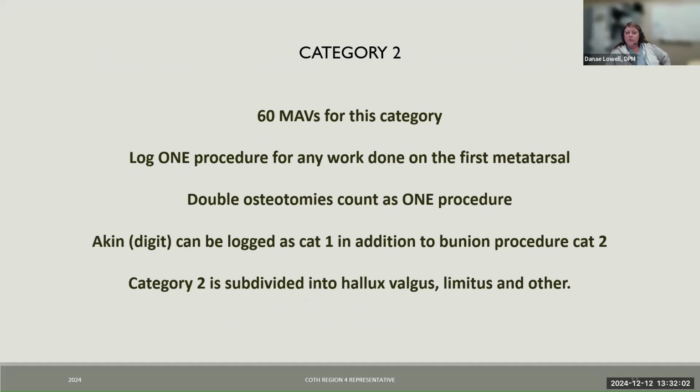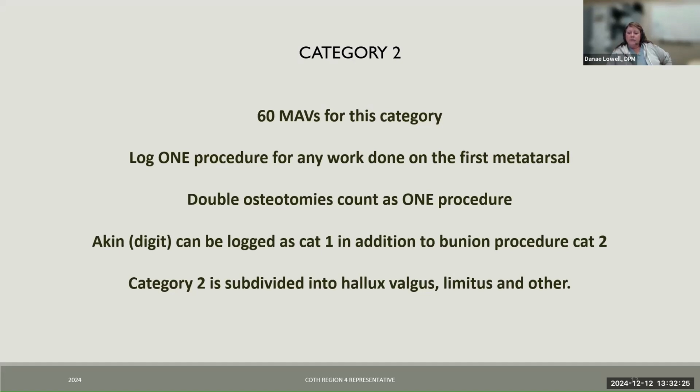Category 2 encompasses those procedures performed on the first ray. The MAV for this category is 60. This means one procedure for each first ray surgery. If you perform a head procedure and a base procedure, you can only log them as one procedure. You cannot log them as two separate procedures.